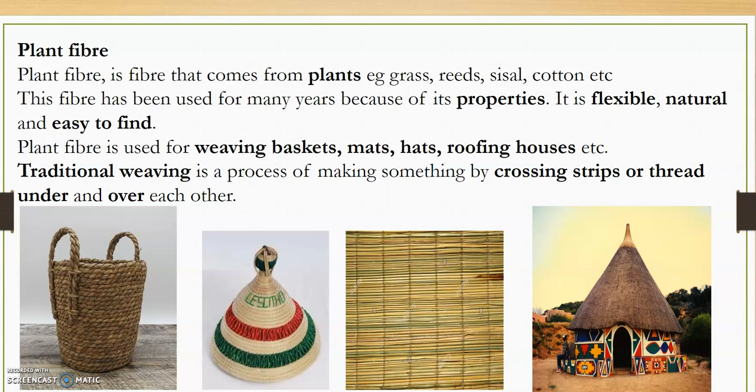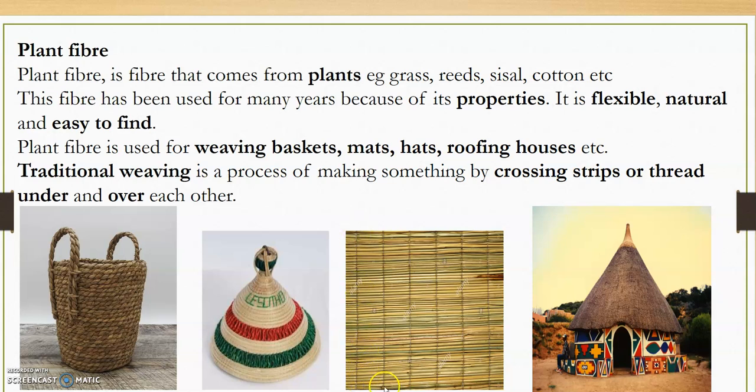So traditional weaving is a process of making something by crossing strips or thread under and over each other. So I'm sure you can see here we've got some thread that has been used, and in order to put this into a mat like this, thread has got to go over and under, over and under, over and under until she gets to the end.